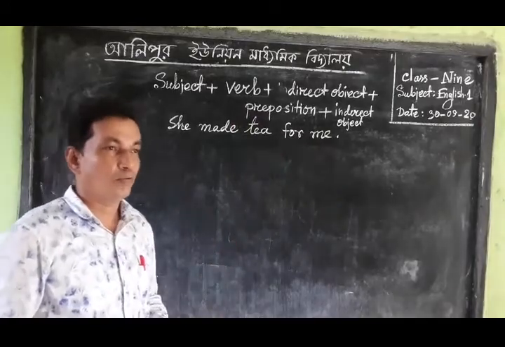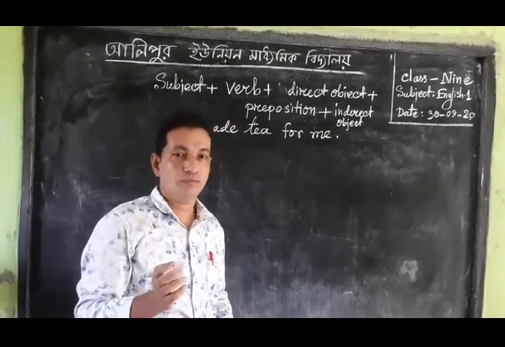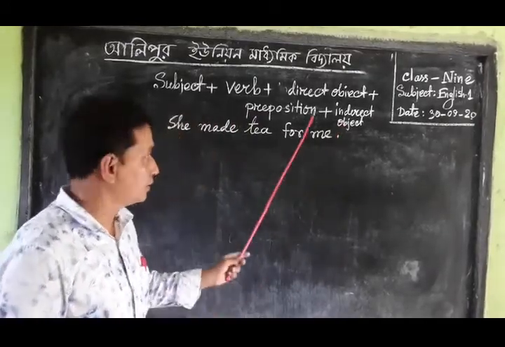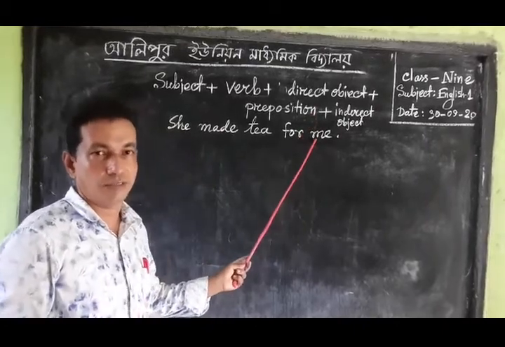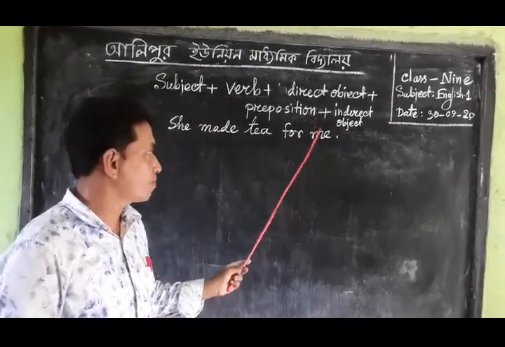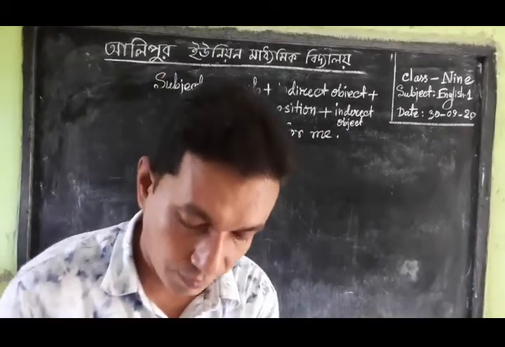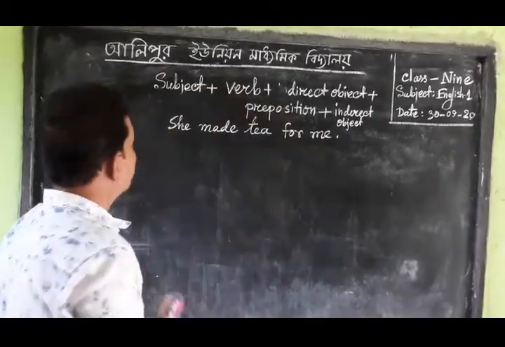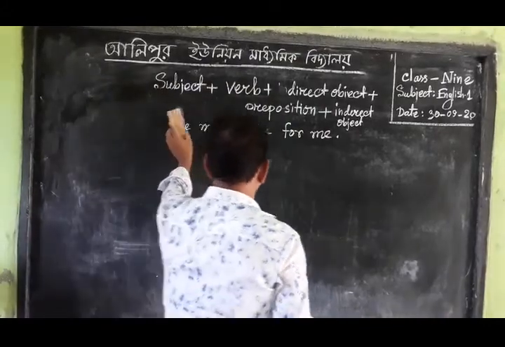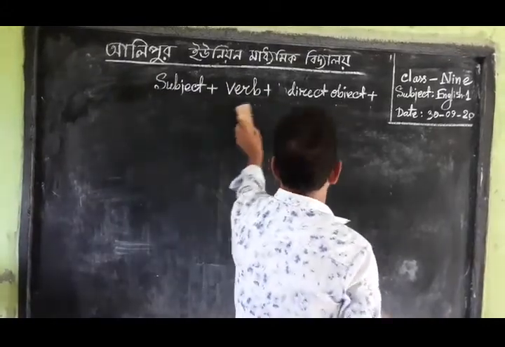Because when we want to write the indirect object after the direct object, then we must use the preposition for. Okay, dear learners. Next, I am also giving a structure.